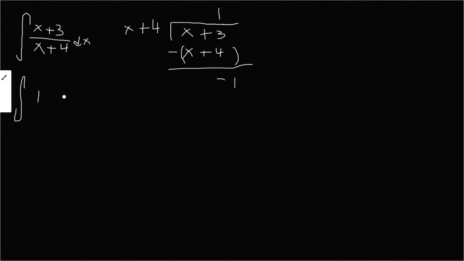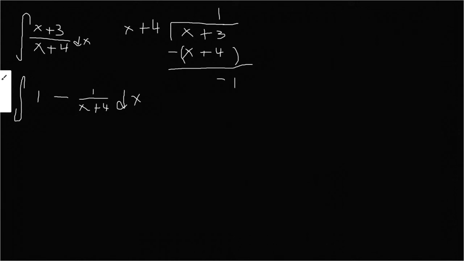So we can then subtract 1 over the denominator, and we're integrating with respect to x again. Because when you divide this number by this number, you have 1, and then we have this little bit left over. And so now we can actually integrate this.